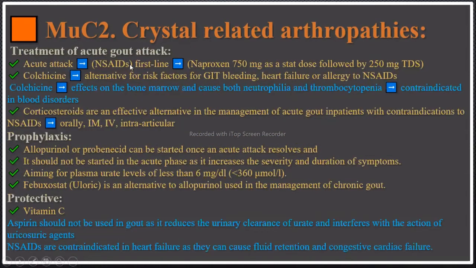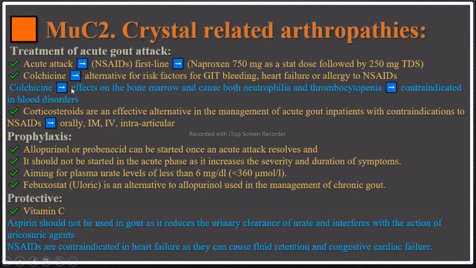What about the treatment? It depends on the attack, acute attack or not. In acute attack, non-steroidal anti-inflammatory drugs are the first line. So if you find non-steroidal in the scenario, choose. If you find naproxen 750 milligram, choose. It will be a stat dose followed by 250 milligram TDS.